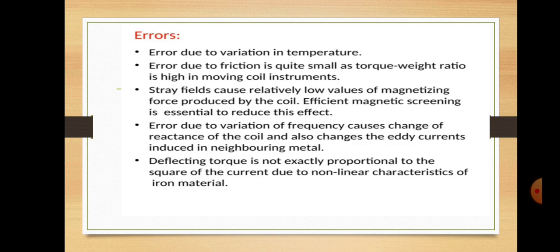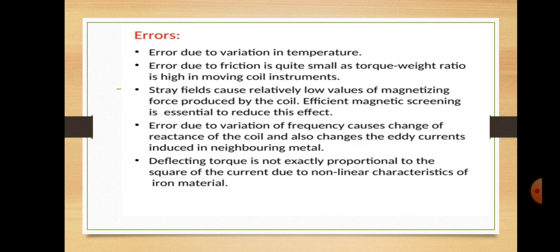Third error is stray fields, which cause error because of the relatively low values of magnetizing force produced by the coil. Next is error due to variation of frequency, which causes change of reactance of the coil and also changes the eddy current induced in neighboring material.